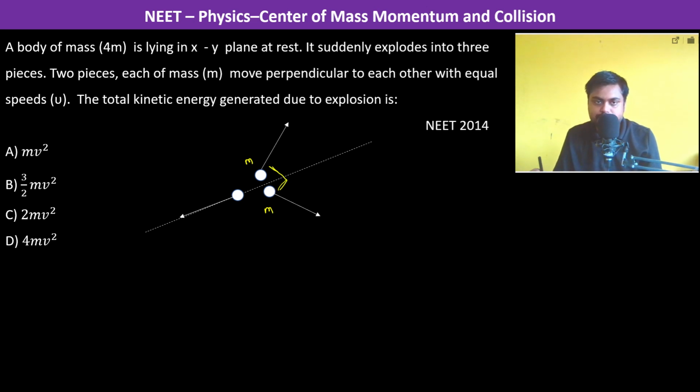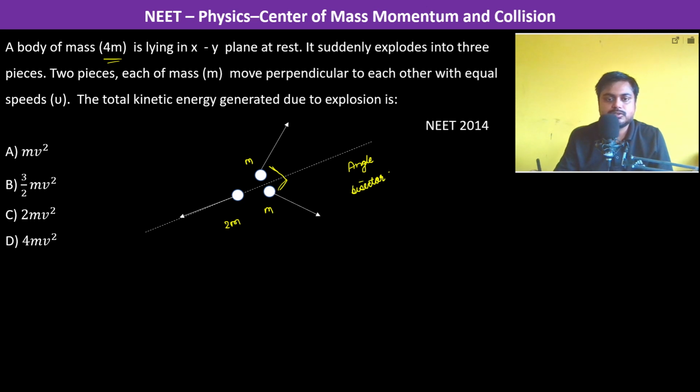The total kinetic energy generated during the explosion is... So if this is m, this is m, this must be 2m because the body was having mass 4m. Now we are taking this as the angular bisector line.